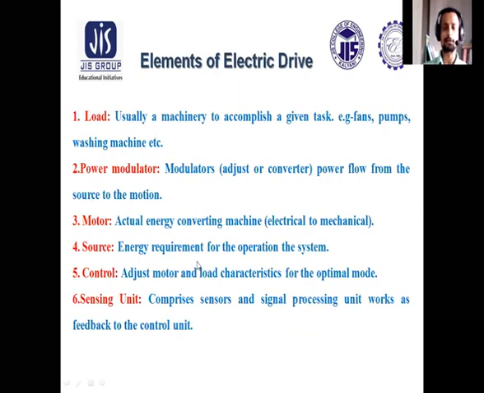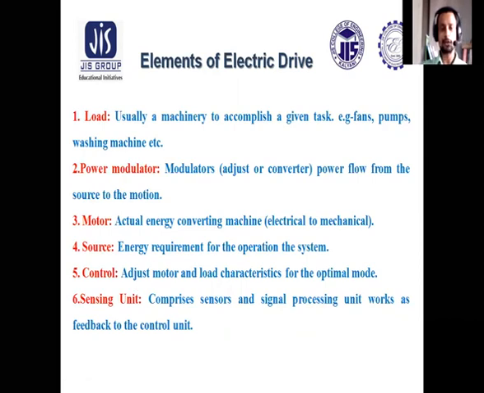Next is the source. The source, as you all know, supplies power to the entire system. Now what is the control unit? This control unit does the entire controlling part.